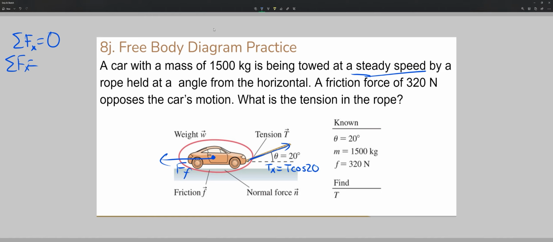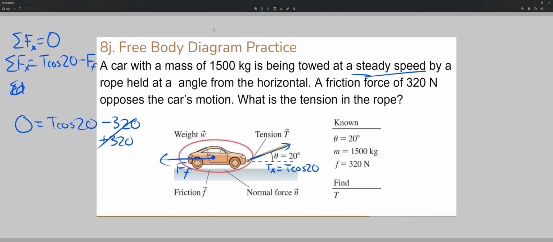My horizontal vector in the positive direction is T cosine 20 minus my force due to friction, because my force due to friction is acting in the opposite direction. My force due to friction here is 320 newtons. So we'll start replacing: 0 is equal to T cosine 20 minus 320 newtons.